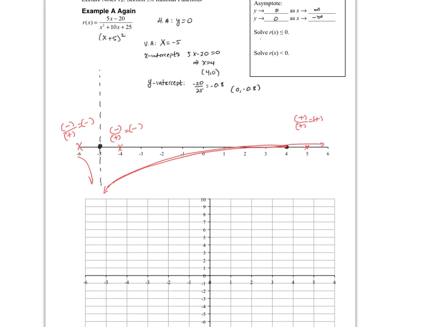Well, this will be negative or equal to 0 from minus infinity until you get to negative 5, or negative 5 once you get to 4, because at 4 this is exactly equal to 0. Now if you want just strictly negative, then the 4 will have a parenthesis.